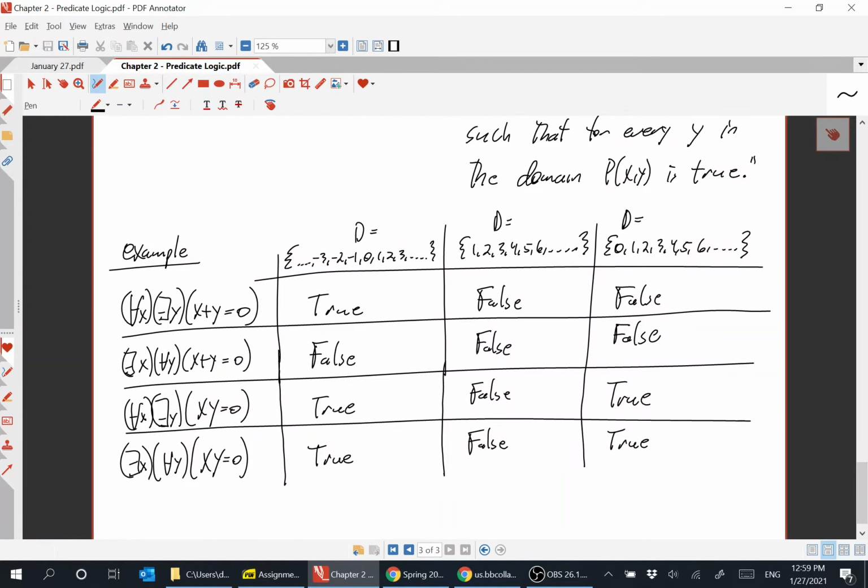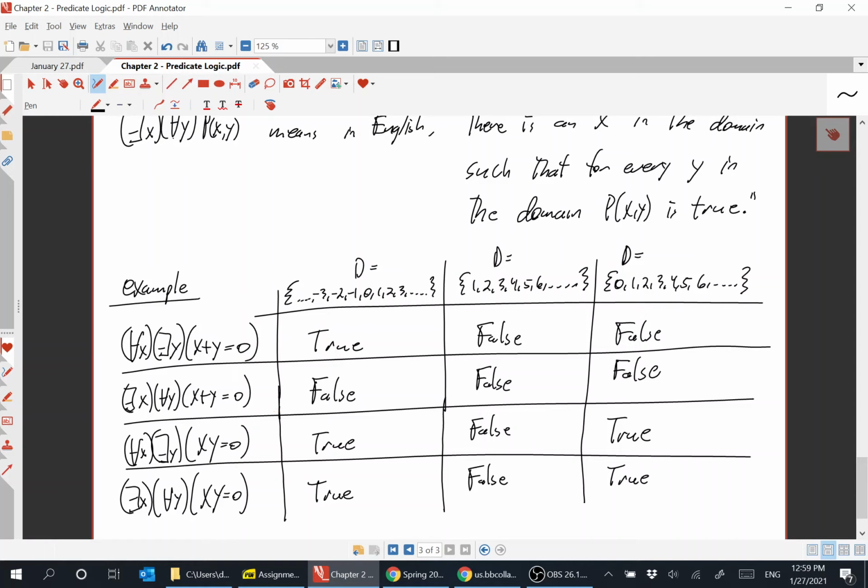The standard example of this: for every x, there exists a y such that x plus y is equal to 0. In this domain, for any x you choose, like 3, there does exist a y, -3, dependent upon the x, whose sum goes to 0.